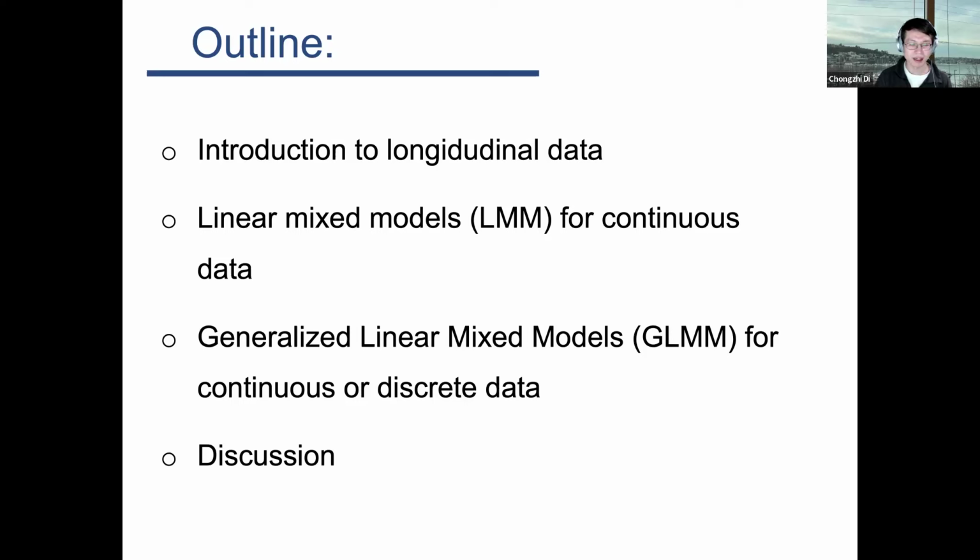The third part will be for non-Gaussian data, like discrete binary or count data. We'll talk about generalized linear mixed models, which are really the extension of the standard generalized linear model, but adding additional random effects. And we will end with some discussion.